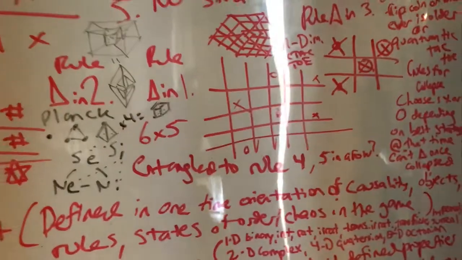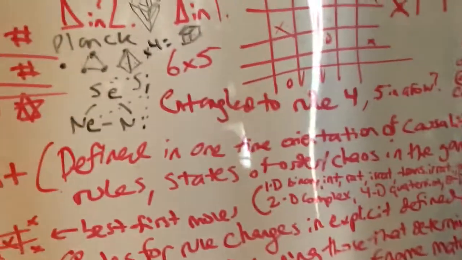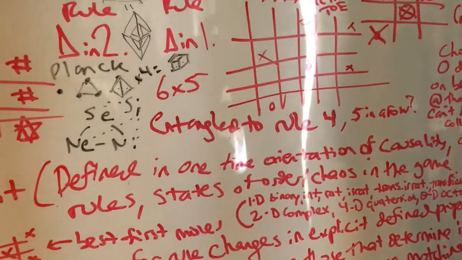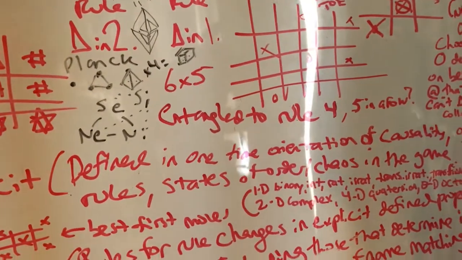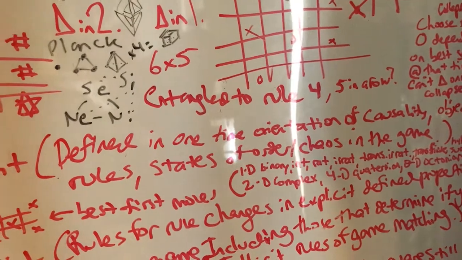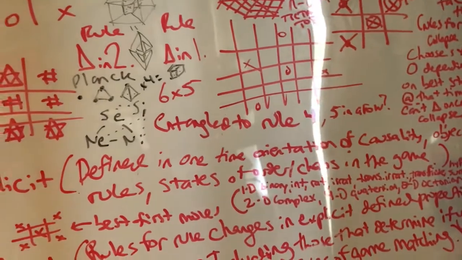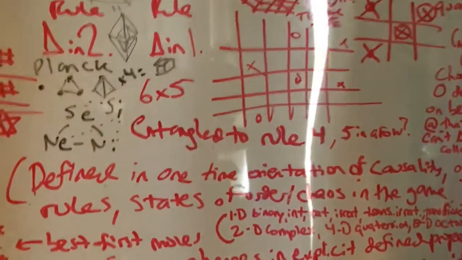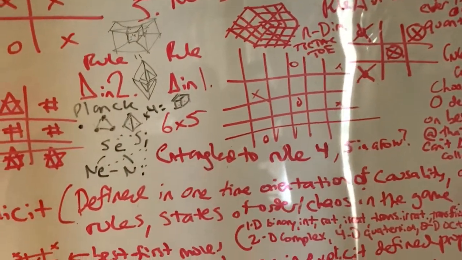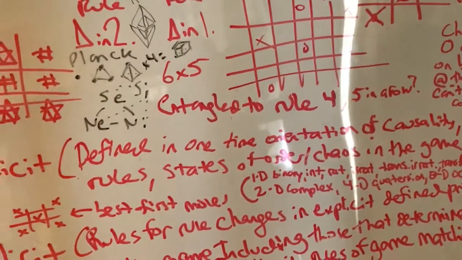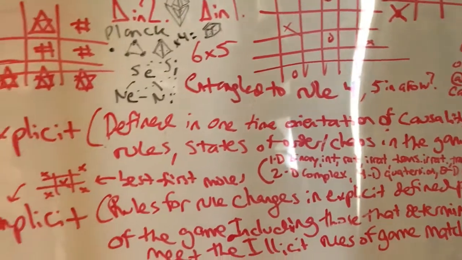Whatever size the grid is, that would factor into the most logical decision on what a good way to change rule 4 would be. So it's kind of entangled with rules 4 and 5 in terms of also defining what a tie would be. So in this case, there's a 6x5, so you might need like 5 in a row or something.